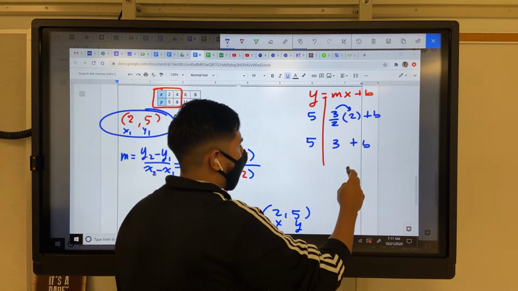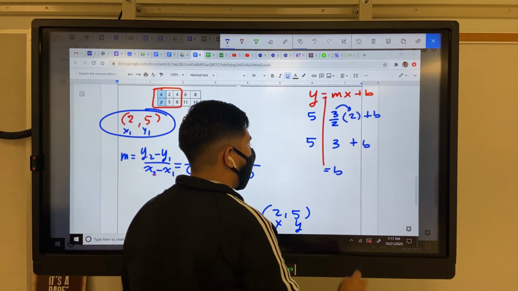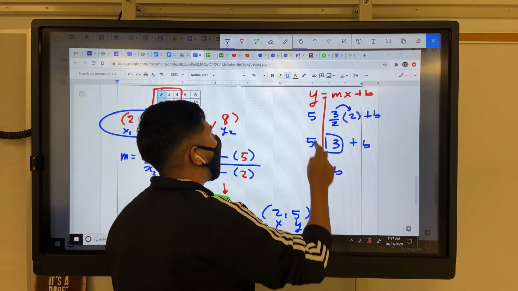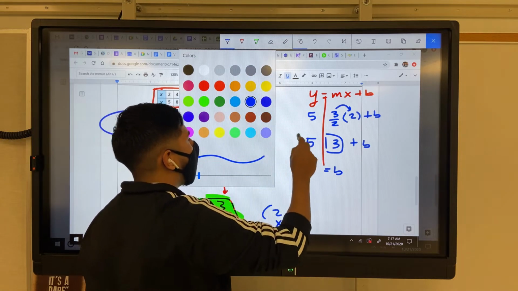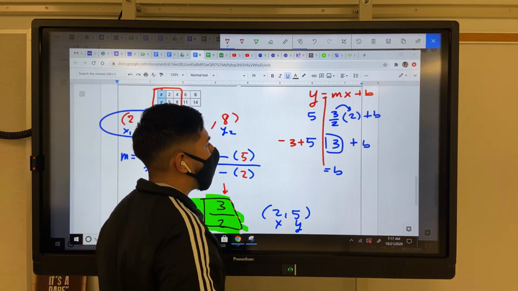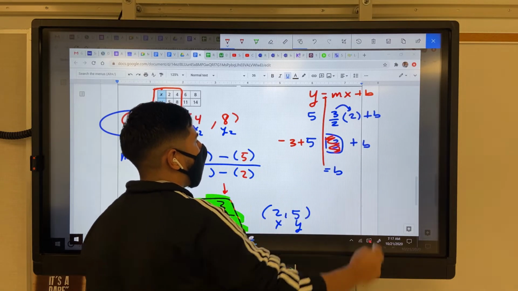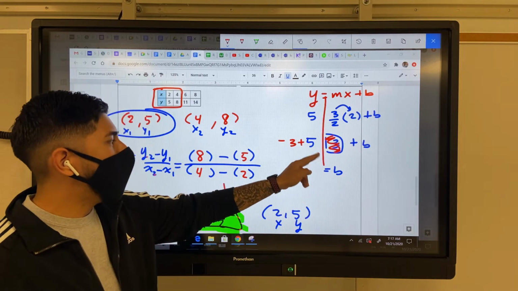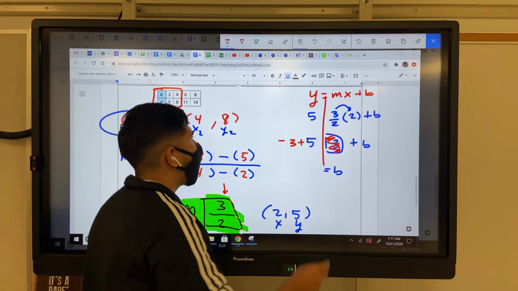Next, I need my b by itself because I need to say b equals. So I got to move this 3. This is a positive 3. Turns into a negative 3. Put a plus right there because it's a positive 5. Put that in your calculator. Make sure you read negative 3 plus 5.